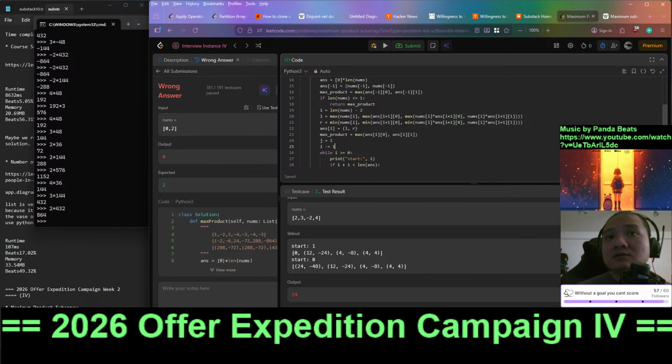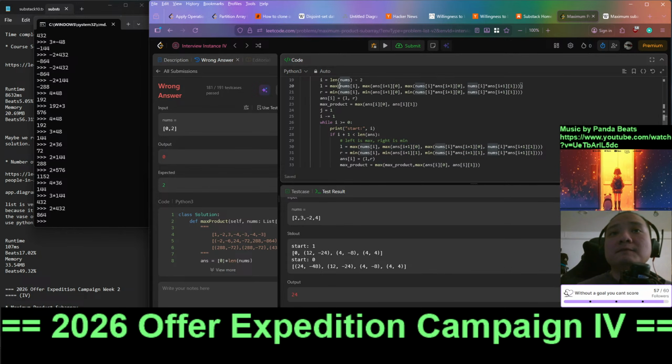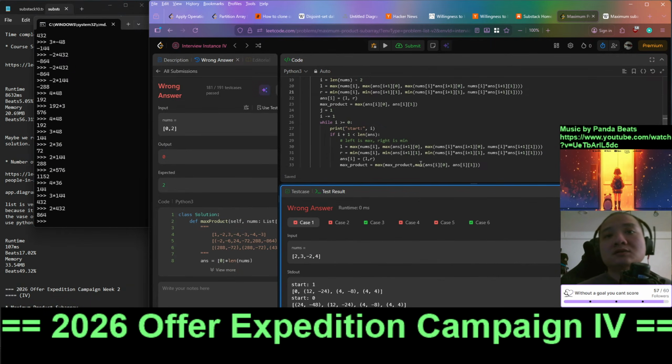Right, so this is actually, so either that number or the max, or the max of the num multiplied by both of them. Okay. So maybe this will fix it. What?